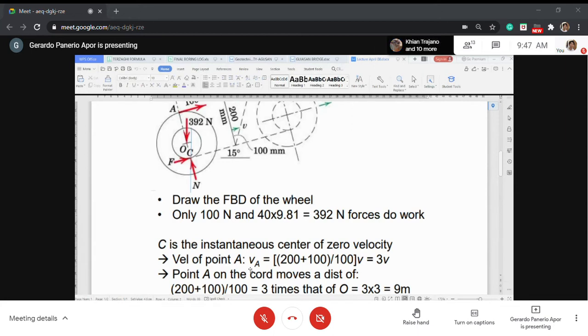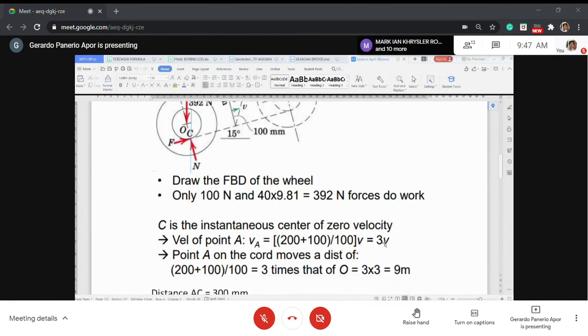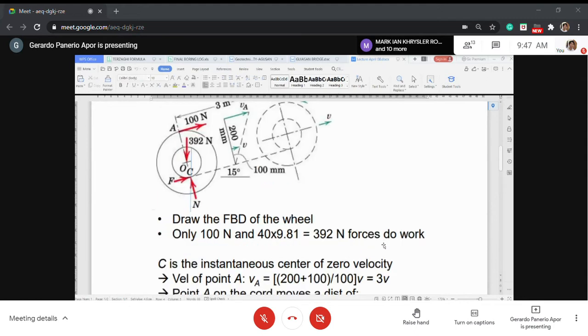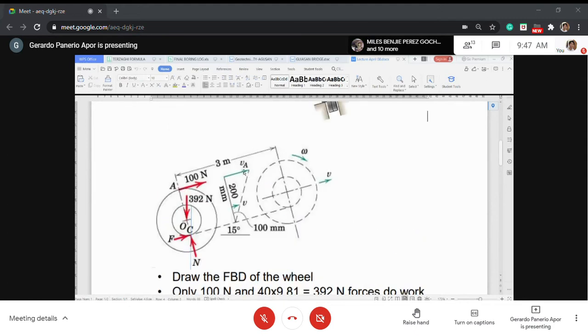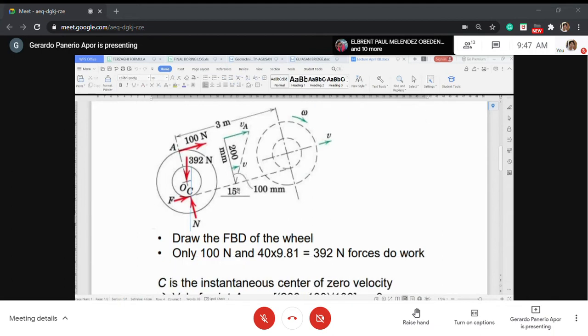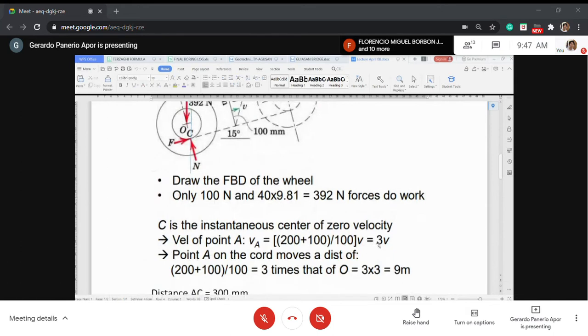The velocity of A is equal to 300 times V divided by 100, so that's 3 times V. That's what I told you a while ago, that the velocity of A is 3 times V, by the reasoning of the distance away. It is 3 times farther than the position where V is. So whatever velocity B has, A should have 3 times the velocity.